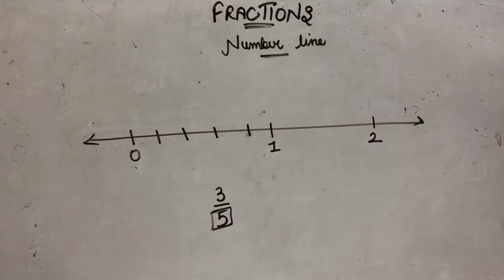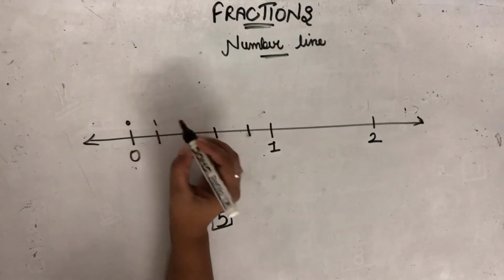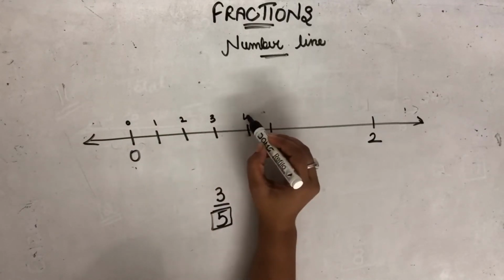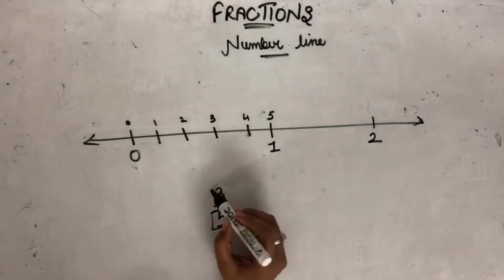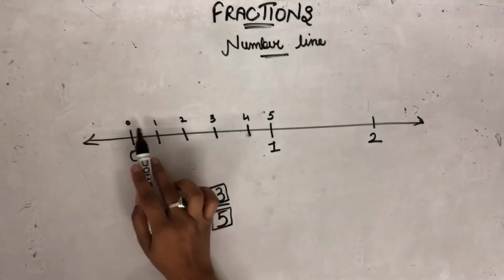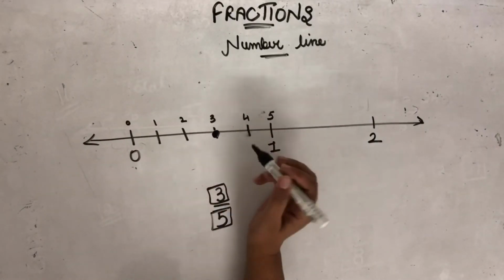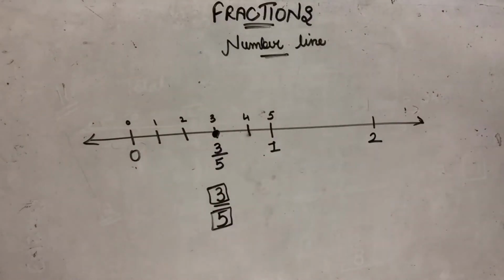So we have divided this into 5 equal parts. So number it, this is 0, this point is 1, this is 2, this is 3, this is 4 and this is 5. Now you will see the number in numerator, 3. So you will see where number 3 is lying. This point. So this point will be fraction 3 by 5.